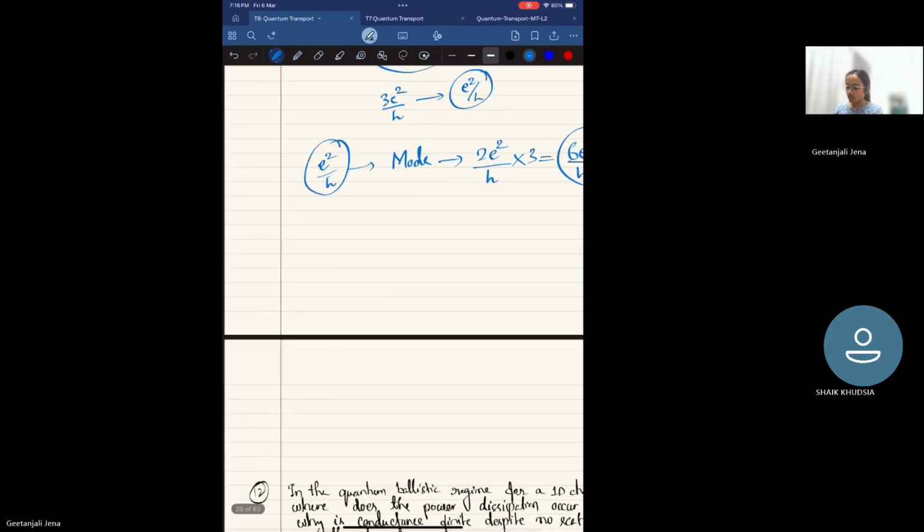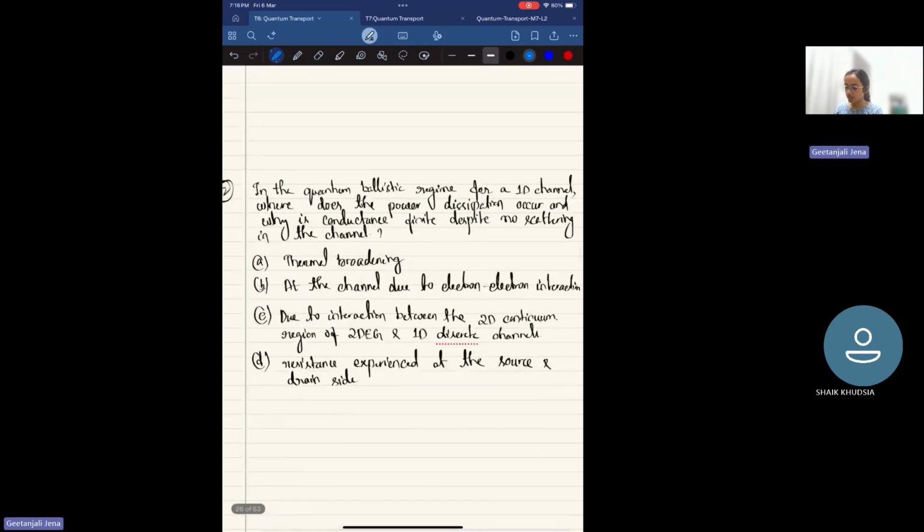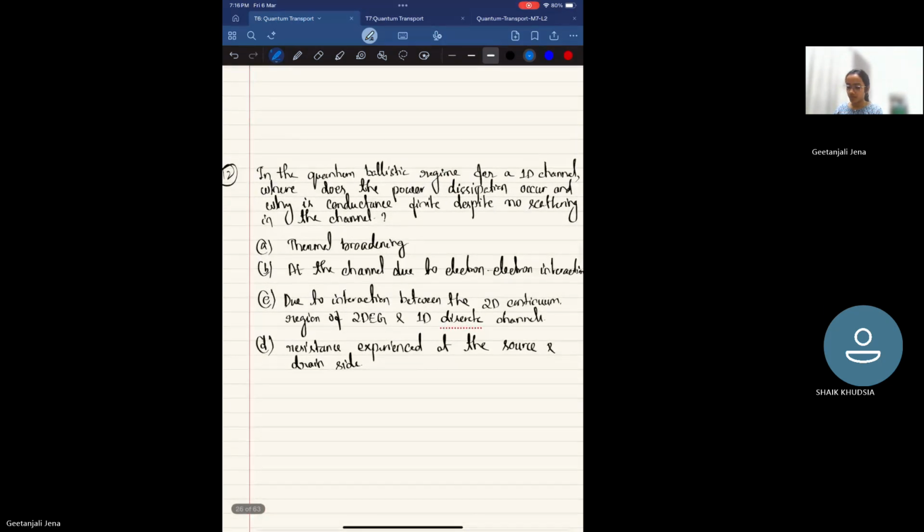Okay, question number 12. In the quantum ballistic regime for a 1D channel, where does the power dissipation occur, and why is the conductance finite despite no scattering in the channel?